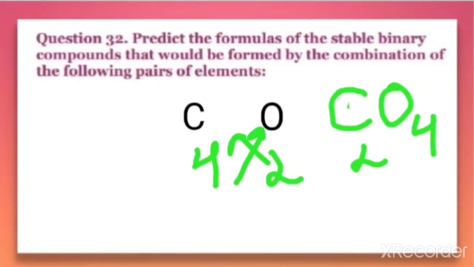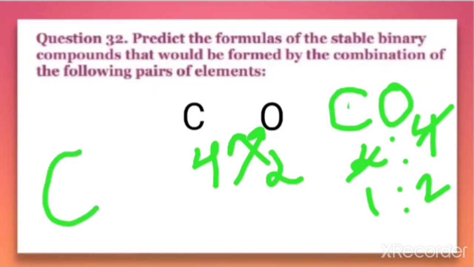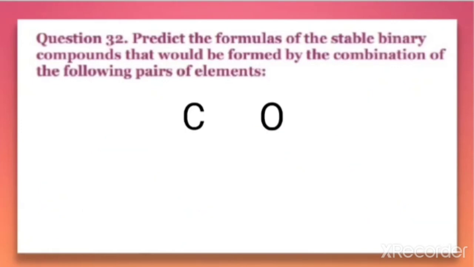Here also you can simplify, that is 2 to 4. When you simplify, you will get 1 to 2. So the formula now generated is CO2, carbon dioxide. So this is the method which can be used in order to predict the formula of the binary compounds.